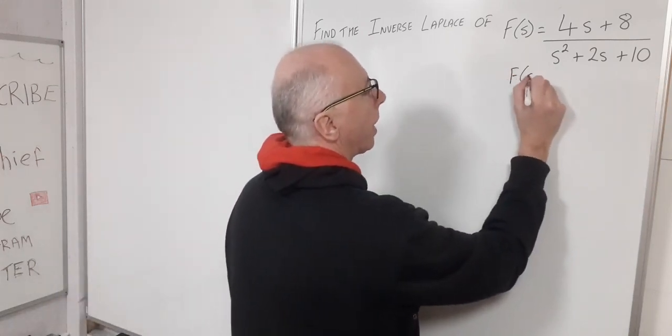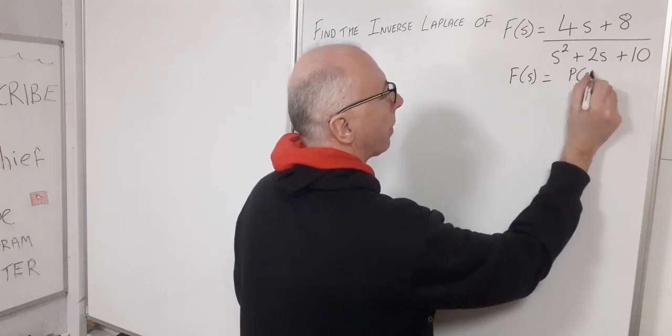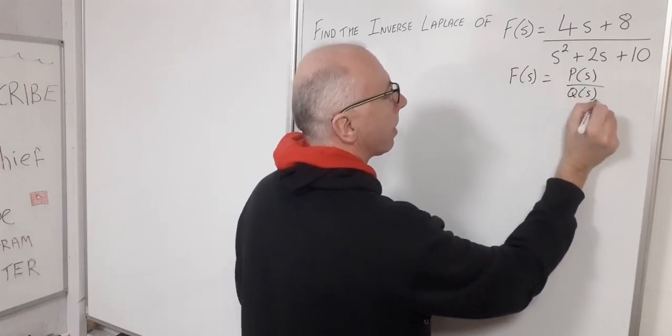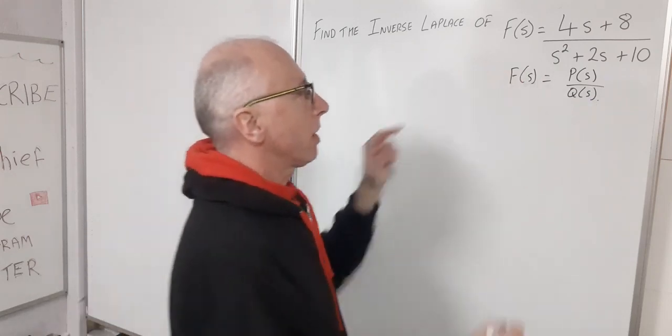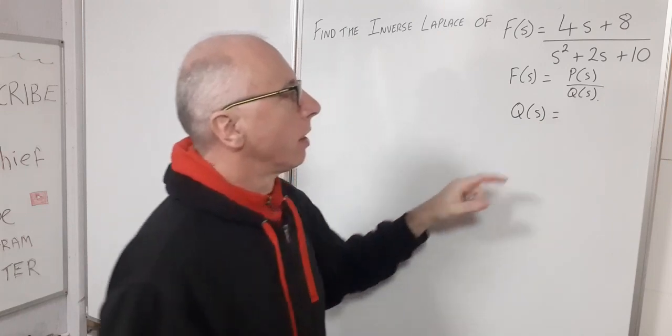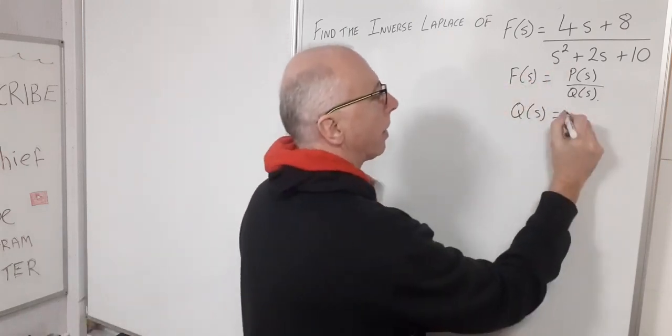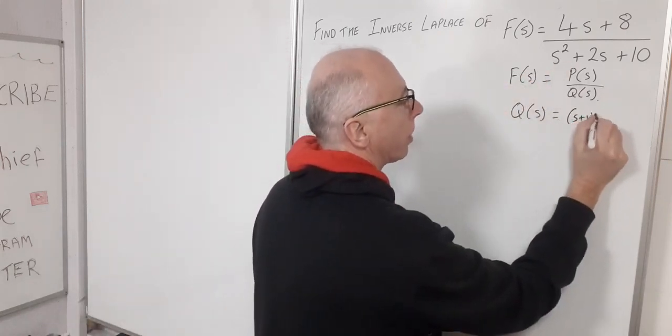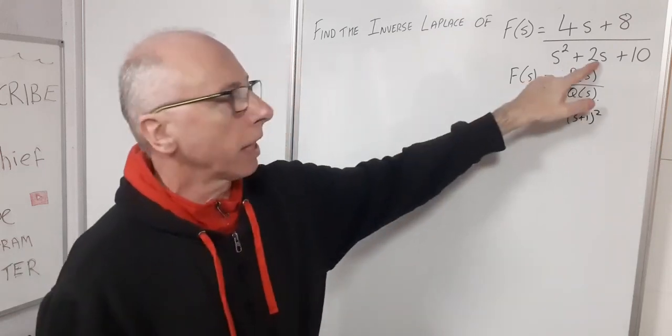So if I let my F of s equal P of s over Q of s, let's just concentrate on Q of s for the moment. Completing the square, that would be s plus 1 squared, so that takes care of that.